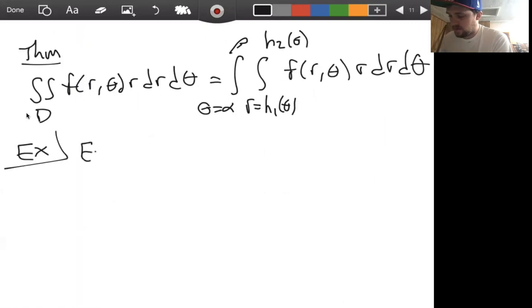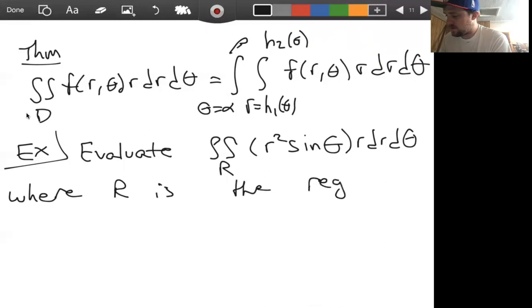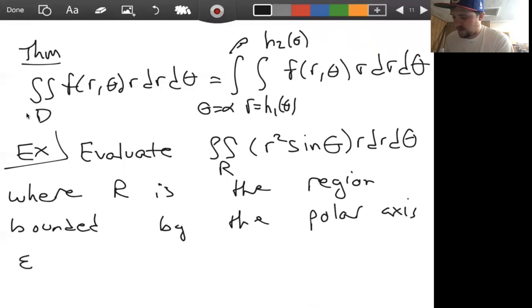Let's evaluate the double integral over the region R of r squared sine theta r dr d theta, where R is the region bounded by the polar axis and the curve r equals 1 plus cosine theta.